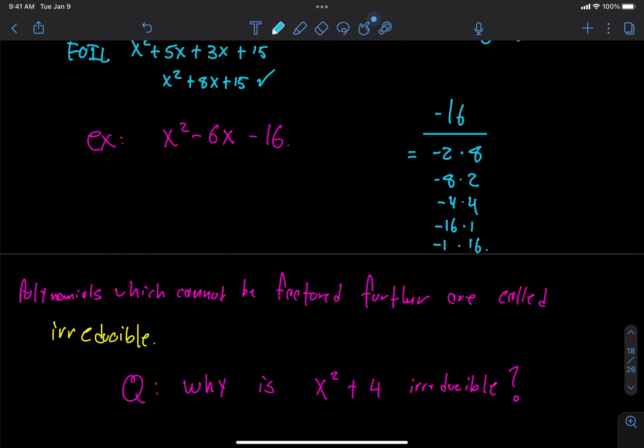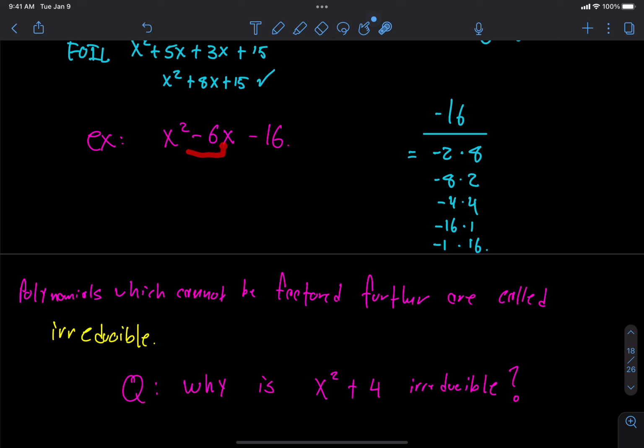Am I missing any? 2 and 8, 4 and 4, 16 and 1. I think I'm good. I didn't list 4 and negative 4 because it's identifiable with this one.